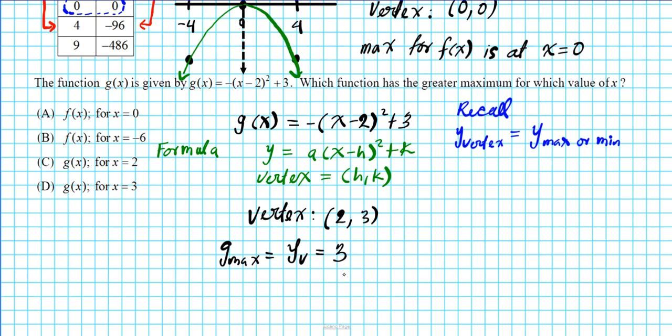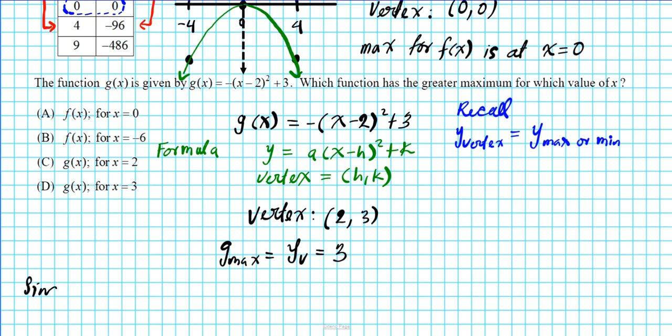So let's compare them. f max is, what is f max? Oh boy, I didn't state it. f max is equal to 0 and g max is 3. So we need to compare them. Which is greater? g max has a greater maximum.